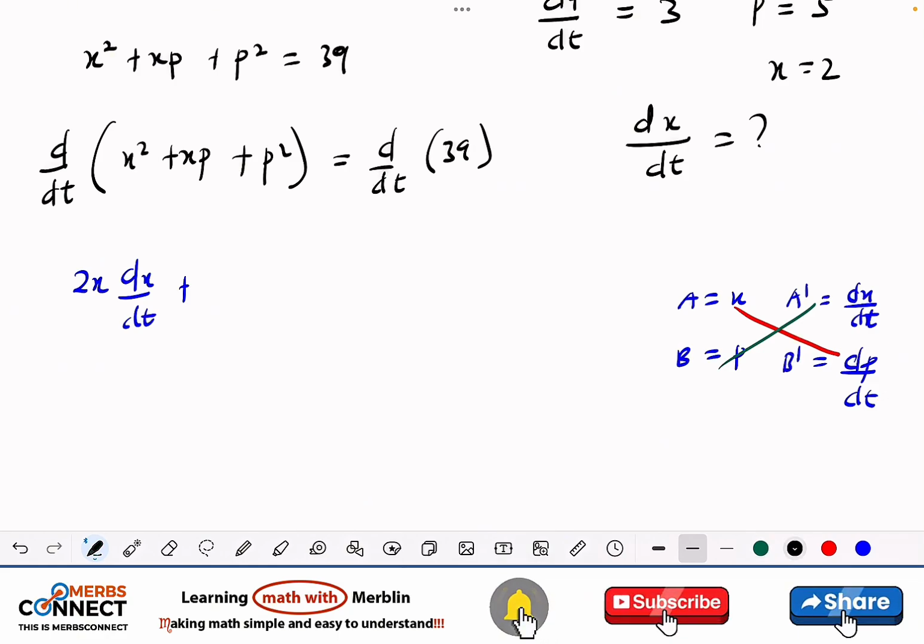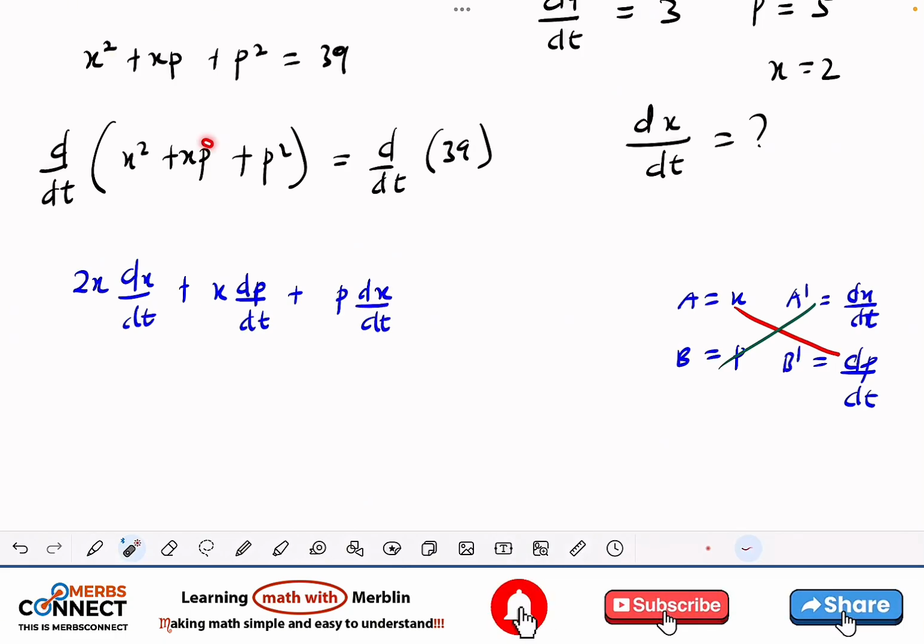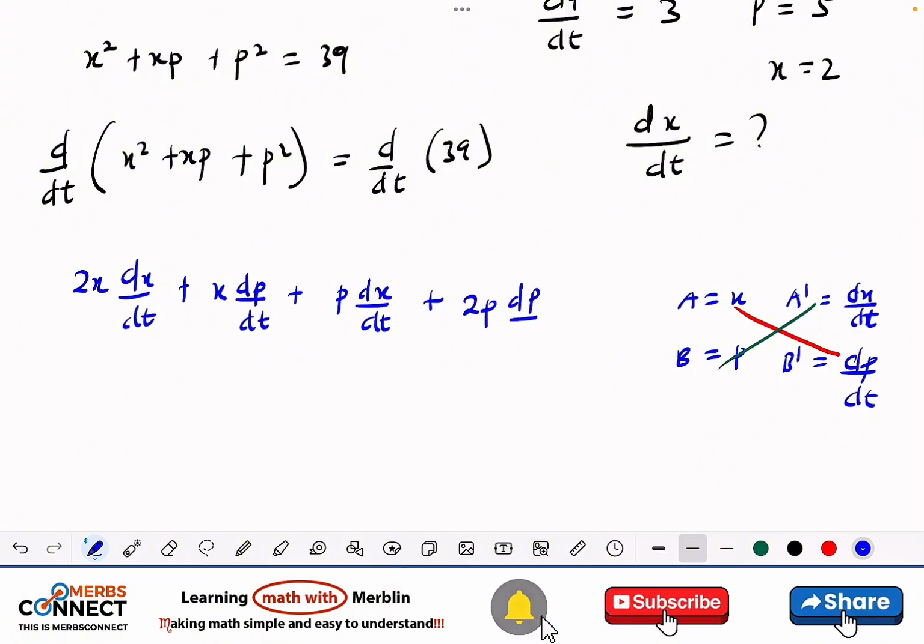In the end, we have plus x dp/dt and plus p dx/dt. So that's the product rule. Or if you want to do it directly, maintain x and differentiate p, plus maintain p and differentiate x. Plus, when I differentiate p squared, I get 2p dp/dt.